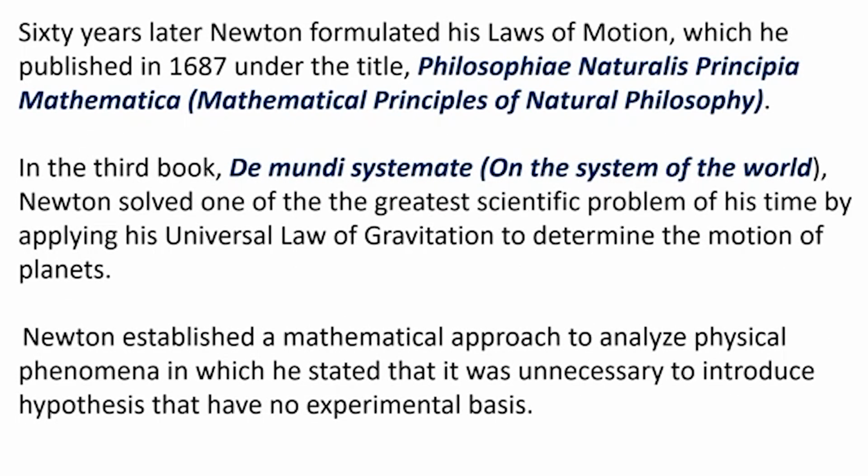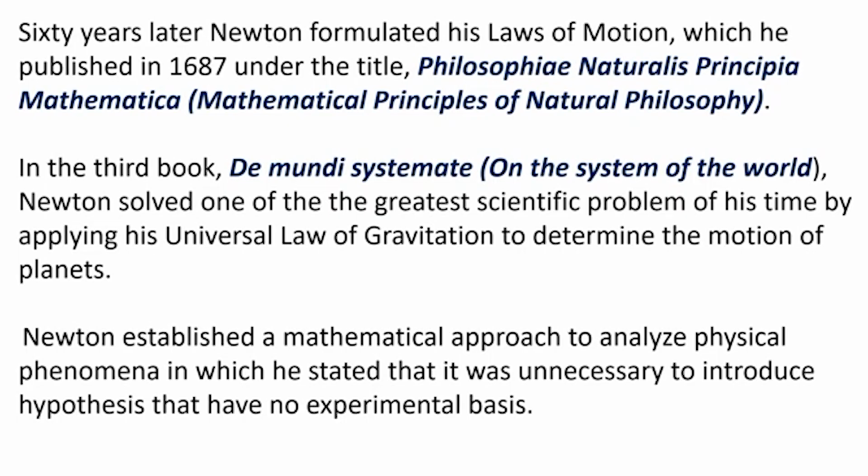60 years later, Newton formulated his laws of motion, which he published in 1687 under the title Philosophiae Naturalis Principia Mathematica. So, in English it is called Mathematical Principles of Natural Philosophy.